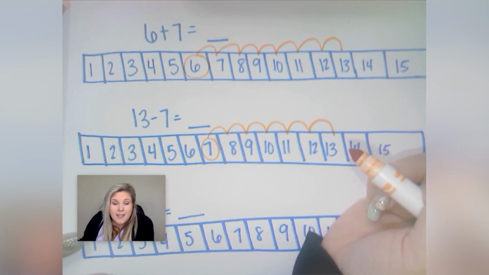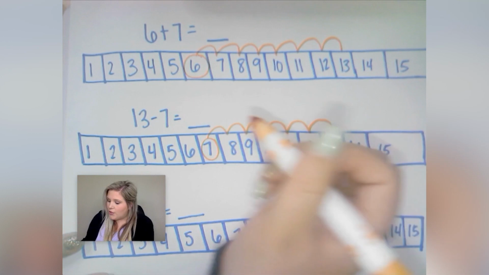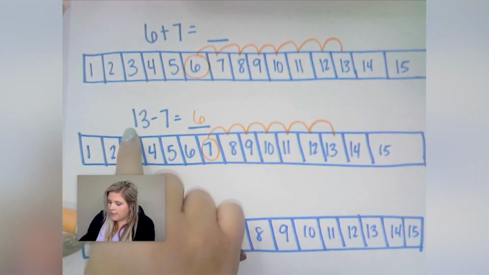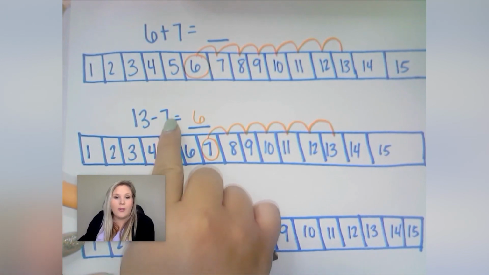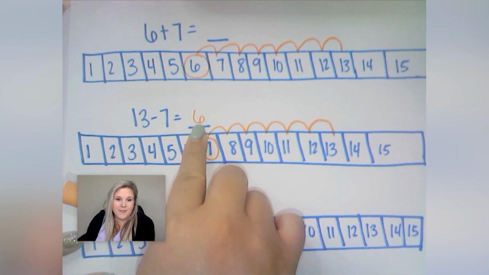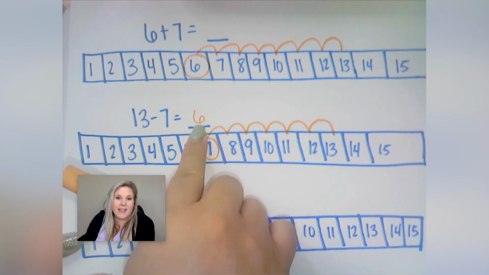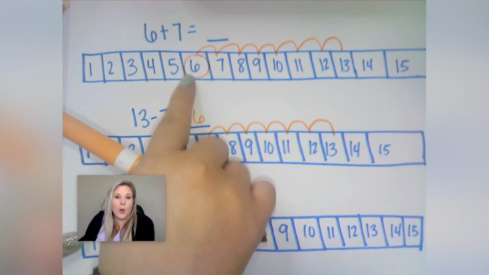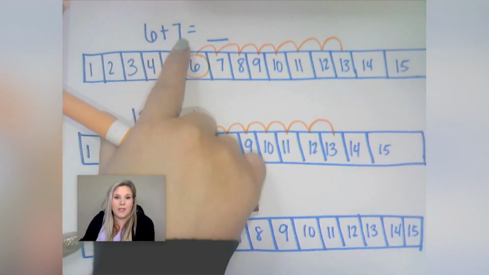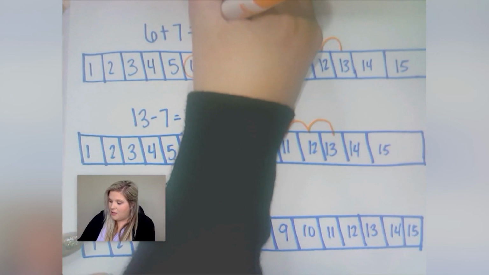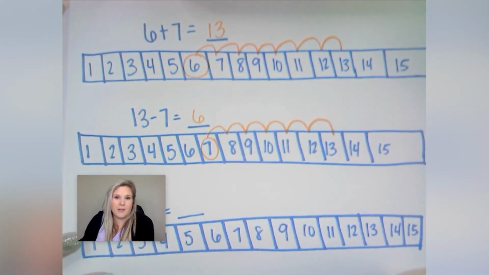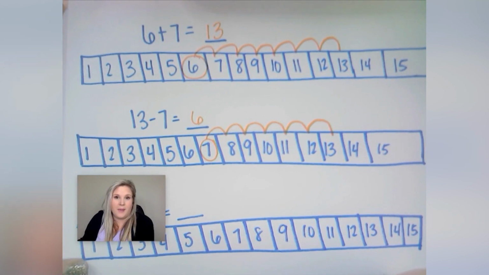It took 6 hops. So when we fill in the answer, 13 minus 7 equals 6. And this relates back to what we did in our first one, because 6 plus 7 is 13. We've got some numbers in the same fact family there.